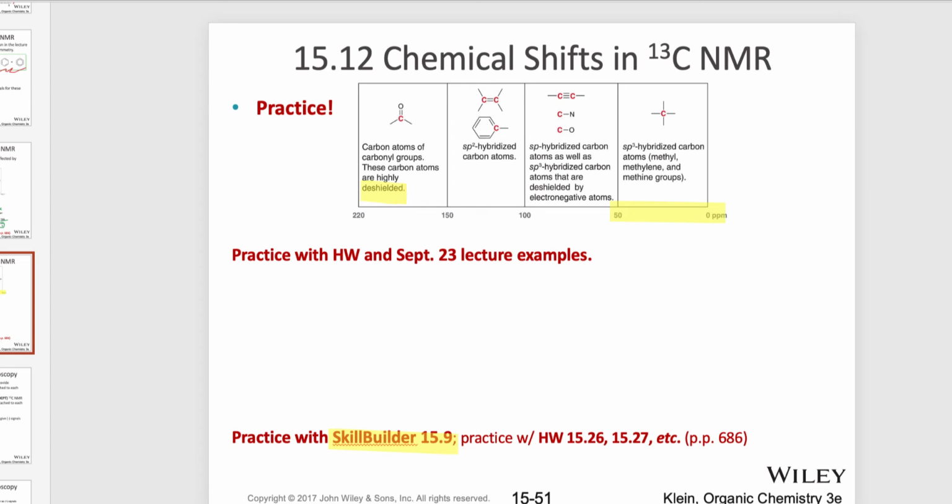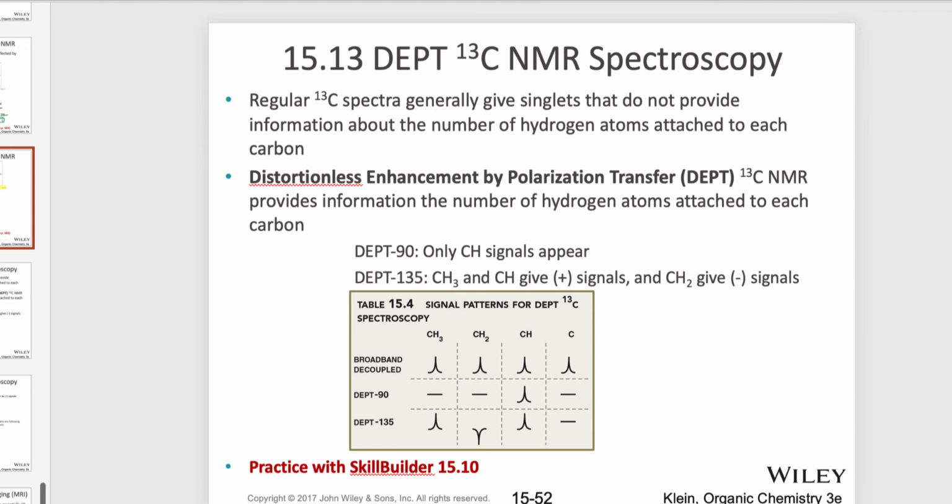And then last but not least, a few words about DEPT-NMR. This is a specialty method being utilized. In regular carbon-13 spectra, we typically just get singlets. And so we don't really know anything about the number of hydrogens.